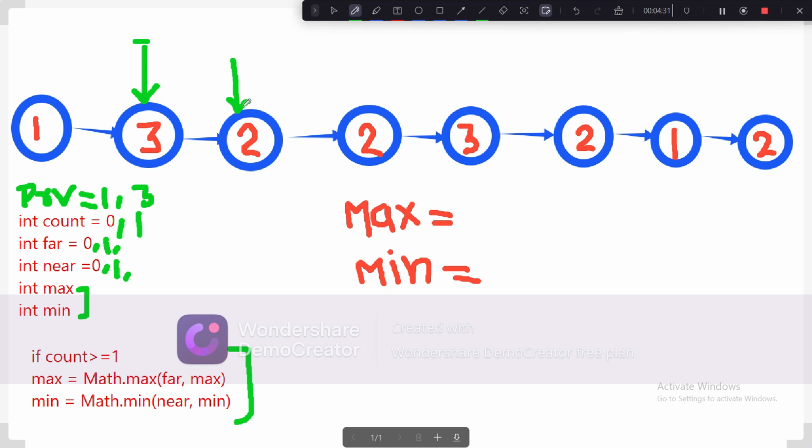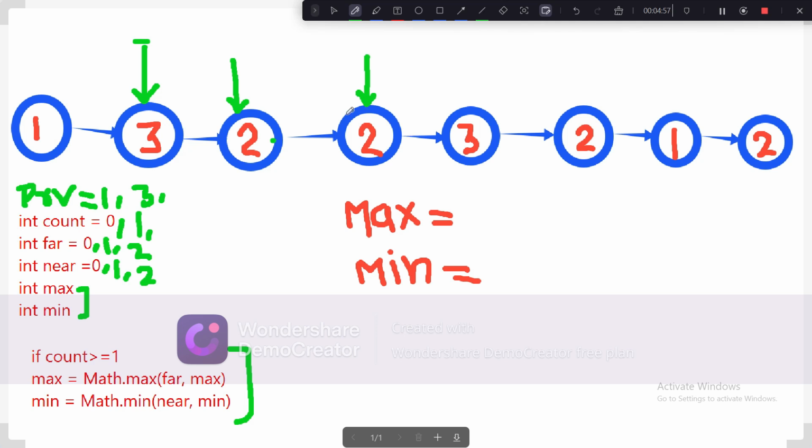At 2 what will happen? We will check whether this is a critical point or not. Previous is 3, so 2 is smaller than 3, but 2 is equal to the right, so this is not a proper critical point. Then we will go to the next node. By this time far would become 2 and near also will become 2. Count is still 1.